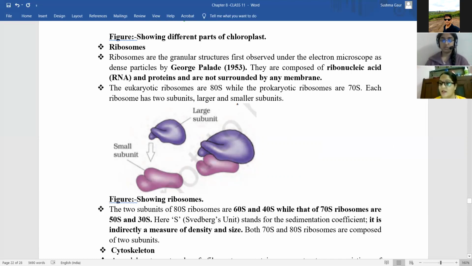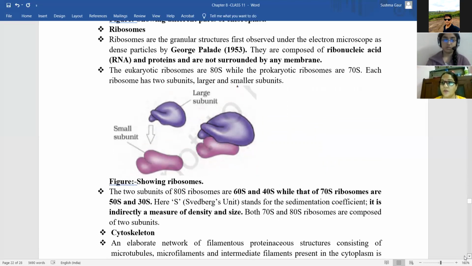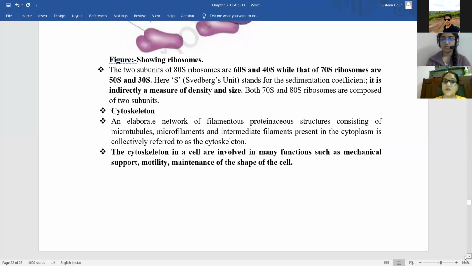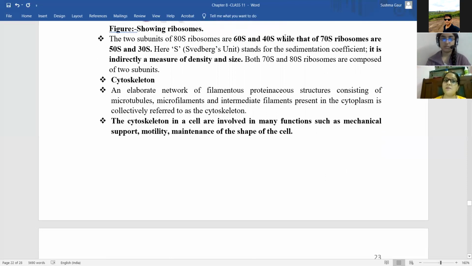So the diagram I have explained to you earlier also. Yes, large units. Okay. So a question can be asked, what are the subunits of 80S ribosomes? The two subunits are 60S and 40S, and for 70S, 50S and 30S. What do you mean by this S?